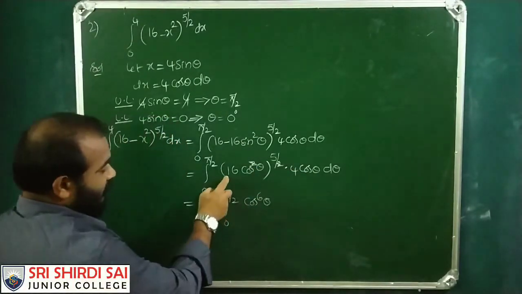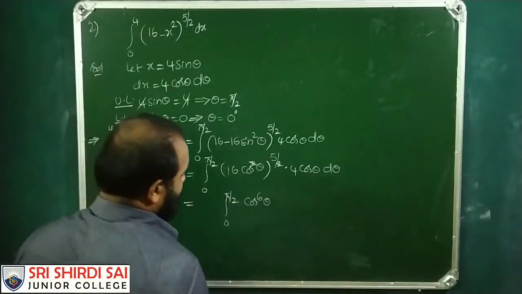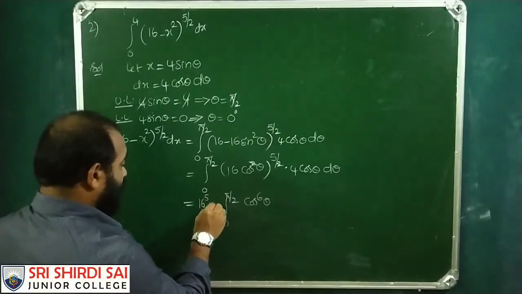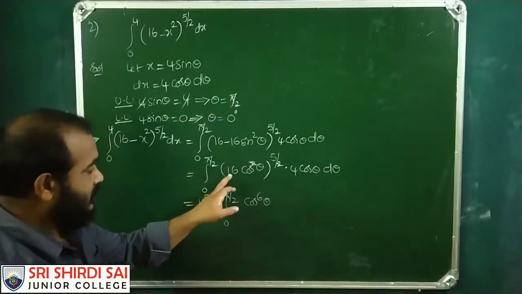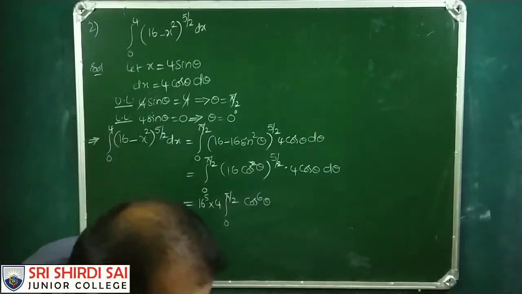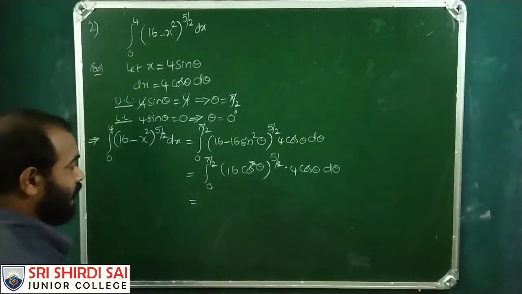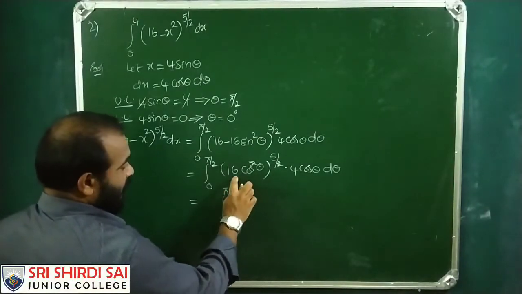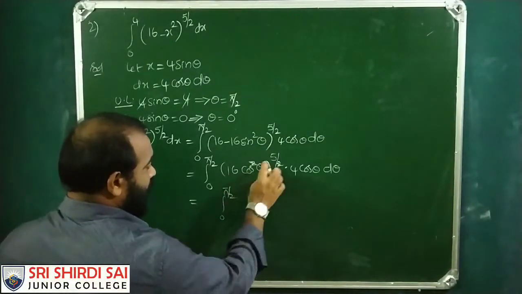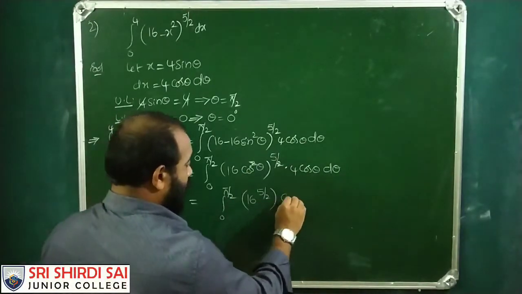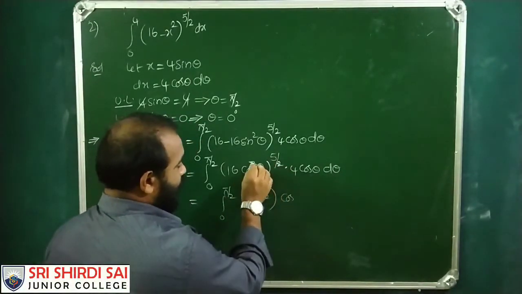Next, this is 16 power 5 by 2 into cos square whole power 5 by 2.